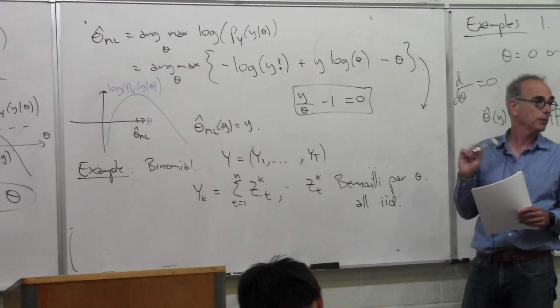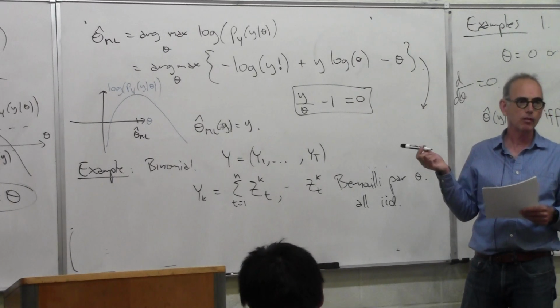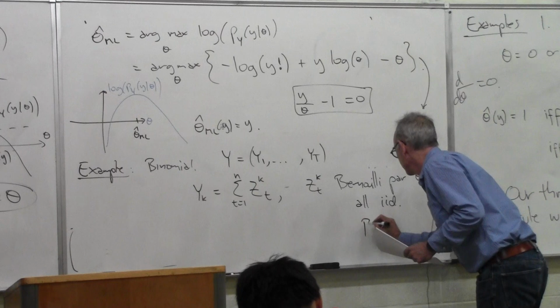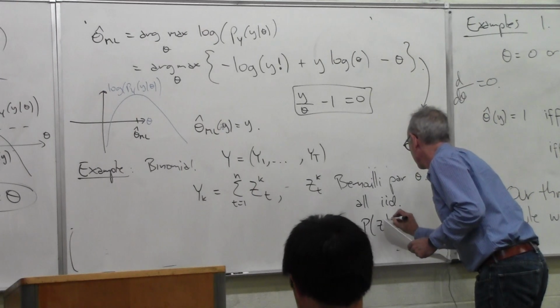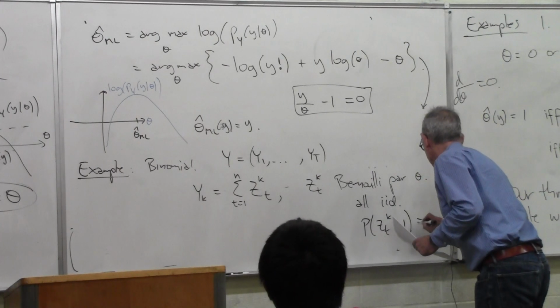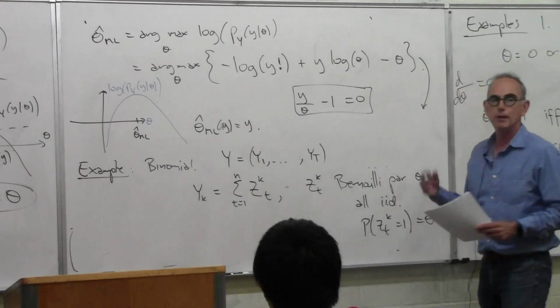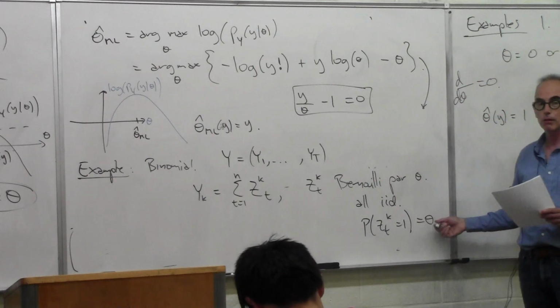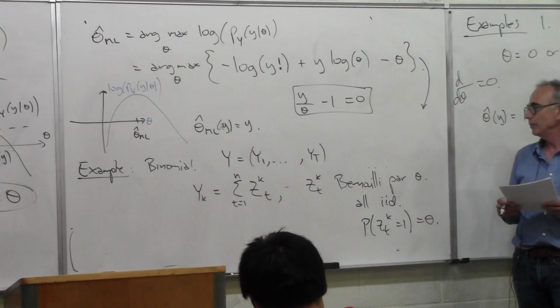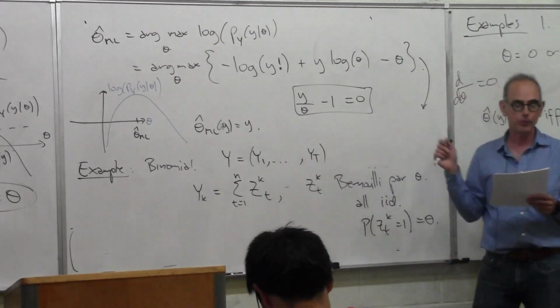Theta is between 0 and 1, so theta is the probability of success. Bernoulli means it's 0 or 1, and the probability of 1 is theta. And so we basically have sums of these, and we have the whole thing.